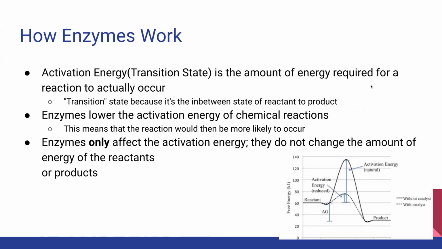Okay. So how do these work? It lowers the activation energy required for a reaction to occur. And it can also be referred to as a transition state because it's in between the reactants and the products.